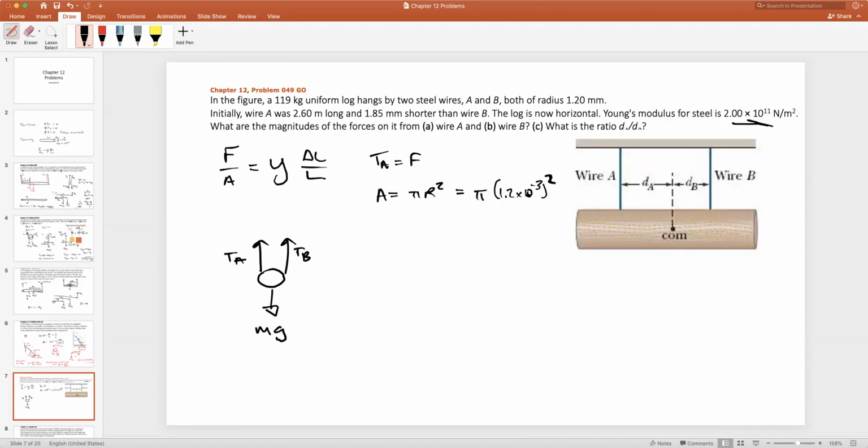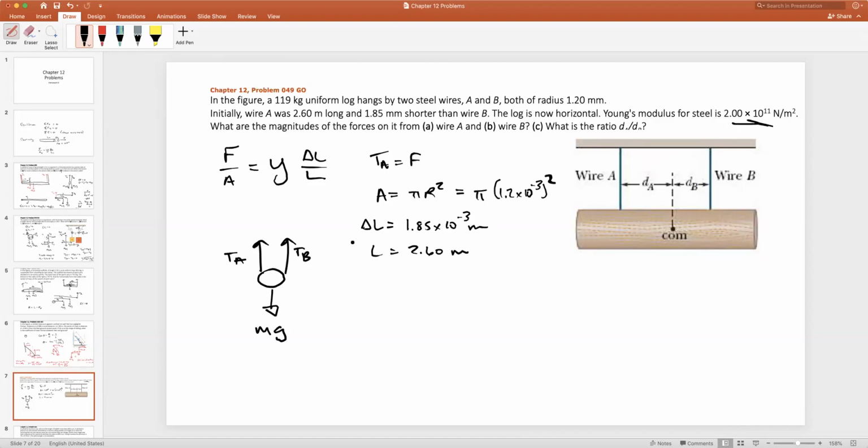So don't forget, when you square powers, the exponents just double, so this would be 1.2 times 1.2 times 10 to the minus 6 times pi. We're told that the change in length was 1.85 millimeters, so 1.85 times 10 to the minus 3 meters. And we know that it was originally 2.60 meters long. Doing all this, solving for F, or TA, gives us TA.